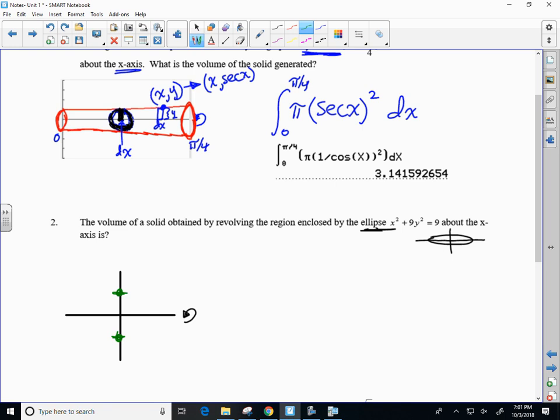For my x-intercepts, replacing y with 0, so it's the same as covering up the y term. X squared equals 9, so x is equal to plus or minus 3. All right, so there's my ellipse.